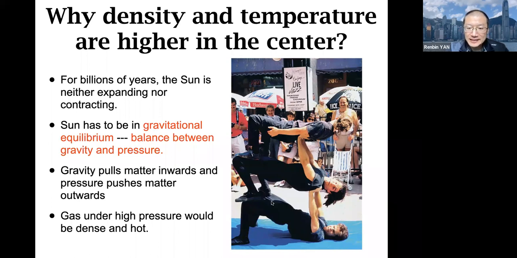The gas in the center of the sun is like this person, under the most pressure, being pressed together, so not only is the density high, but the matter also has to move faster in order to resist the strong gravitational force from above, because all the outer layers of the sun are trying to fall towards the center. So the center has to be really dense and hot to resist that and produce large pressure.